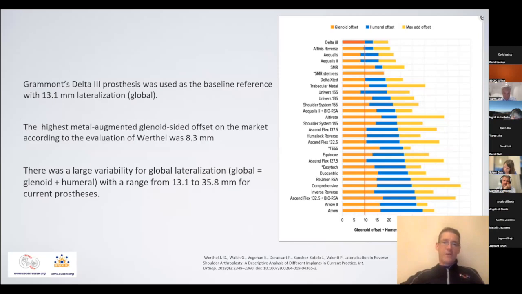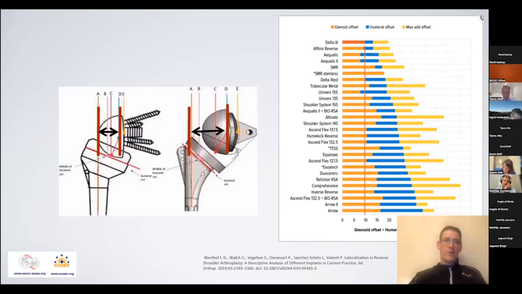And there's a large variation with a range from the Grammont of 13.1 millimeters to the most lateralized being 35.8 millimeters. And we can see here the significant difference in lateralization between the minimally lateralized Grammont Delta 3 style prosthesis and the maximally lateralized prosthesis, where we have lateralization of the glenosphere through both the base plate and the glenosphere, and also a lateralized humeral component with an onlay device.